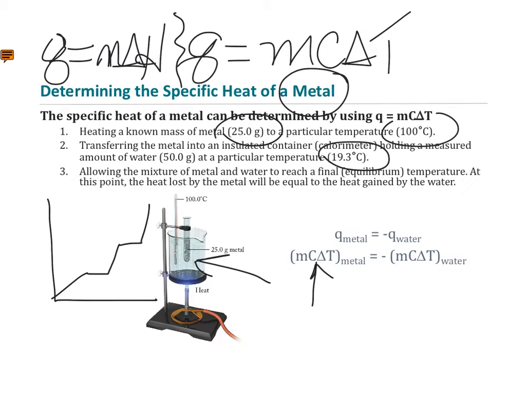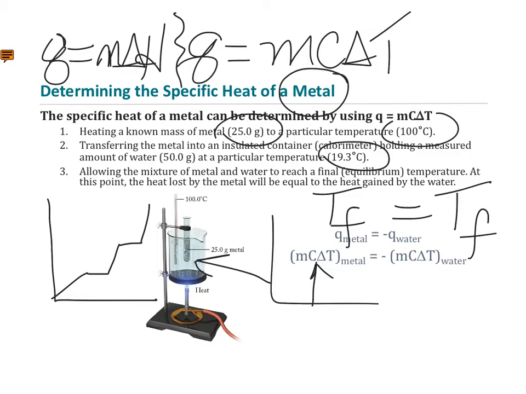The system and surroundings were allowed to reach thermal equilibrium, which means, and remember, this is really important for these problems, y'all, that T final of the surroundings equals T final of the system once thermal equilibrium is reached. So when you have mixed two things together and they don't mix to make a solution, like metal and water, then you have to set it up like this.